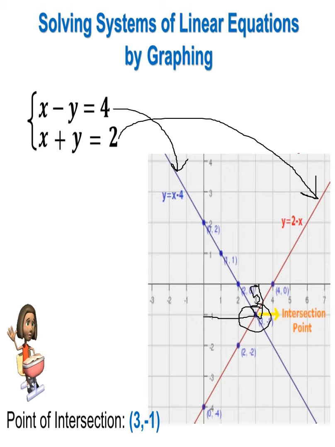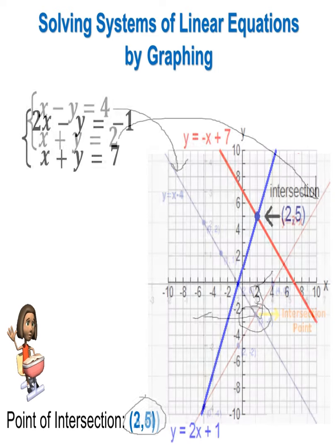So the coordinate here will be -1 for the y-axis and 3 for the x-axis. So the answer will be (3, -1). This is the point of intersection for the graph of the given equations, and we'll call it the solution for the given pair of linear equations.